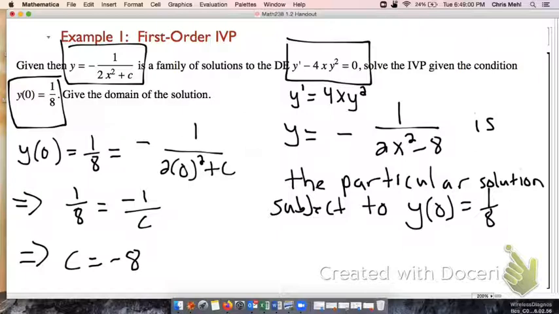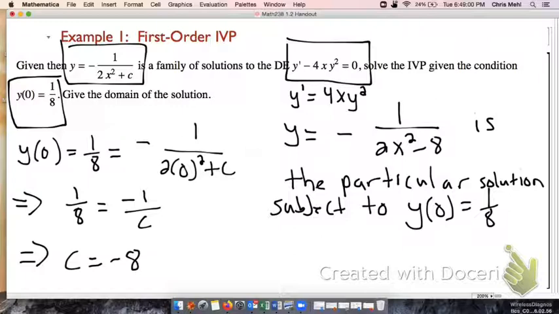Now it says give an interval or domain of solution. Again, there's a million names for this, but I usually like to talk about the domain of the solution or interval of the solution.